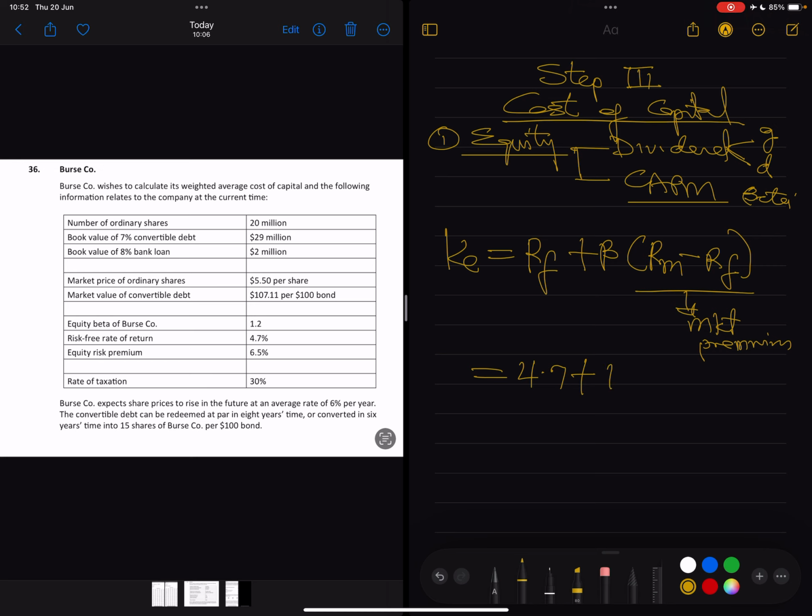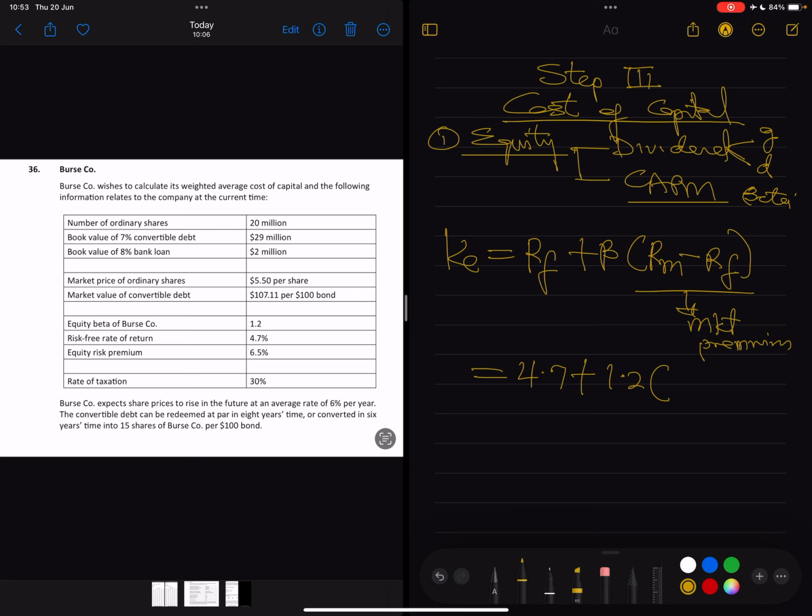Beta is 1.2. Market return, you can see in this question we don't have, but we have been given the equity risk premium. And like I said, risk premium is the same thing as RM minus RF, because we are saying what is the excess, the additional benefit that an investor is getting, because the investor has put money in something that is riskier than a risk-free investment.